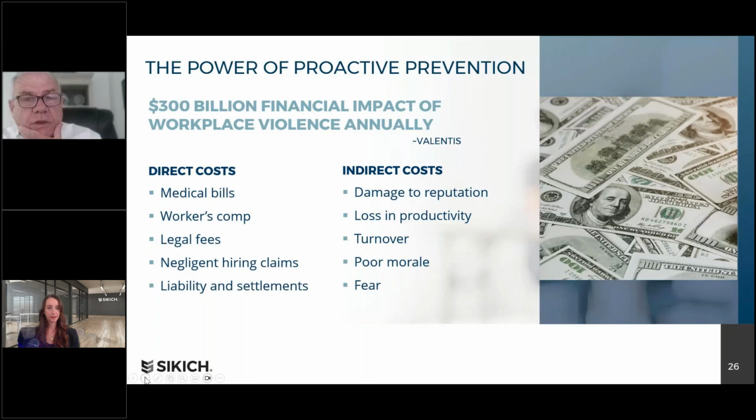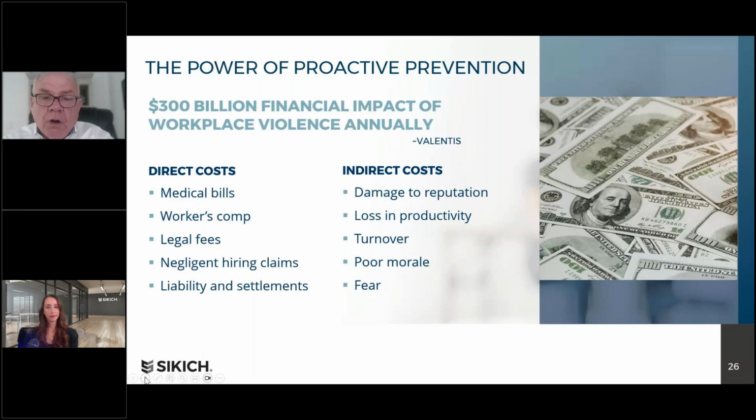So the power of prevention, just in direct costs and indirect costs, and our personal experience bears that out. But Starbucks, for instance, after an increase in customer aggression, implemented a de-escalation training program in 2022. They reported a measurable decline in incident-related costs across high-risk locations and improved employee confidence in handling volatile situations.